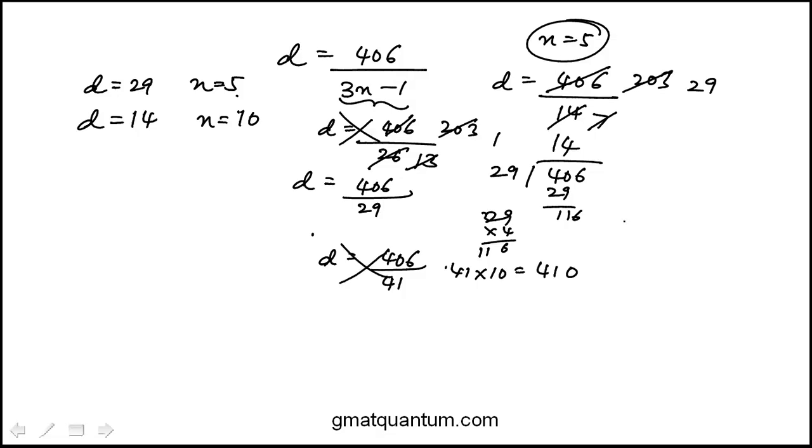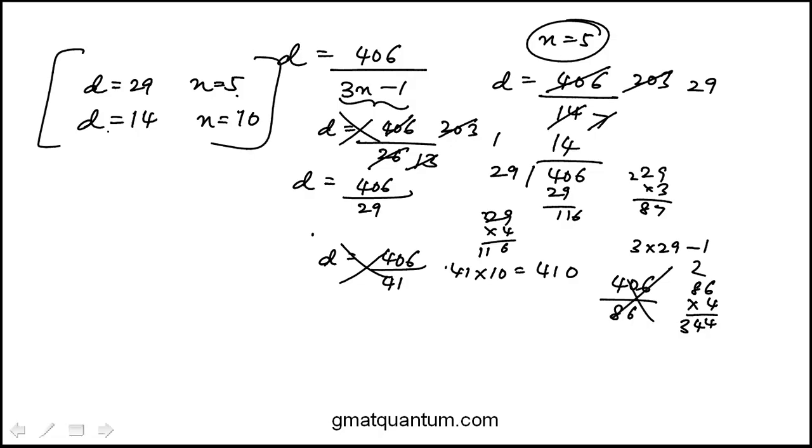And finally, we have 29. 3 times 29 minus 1, 87 minus 1, 86. And again, 86 times 4 is 344. You'll see the next multiple is going to be 420 something. So that also doesn't work.